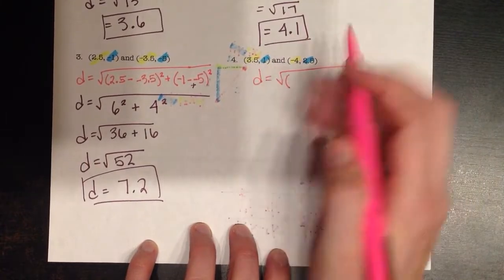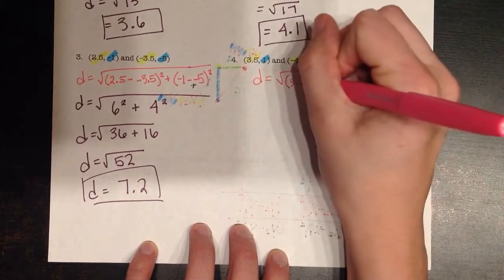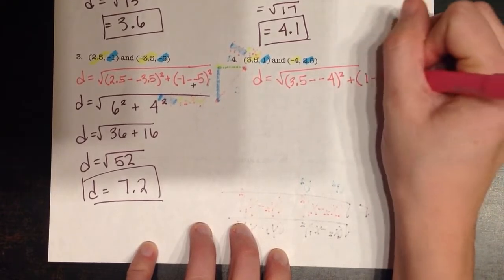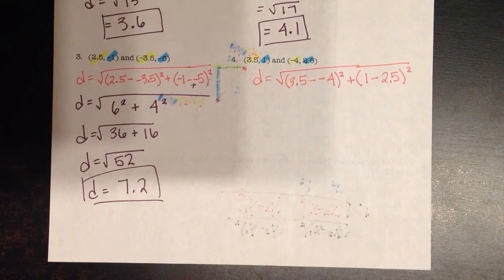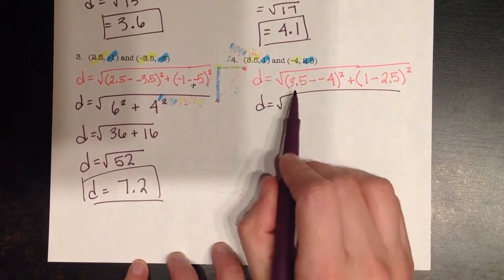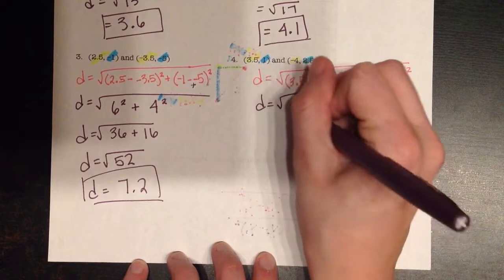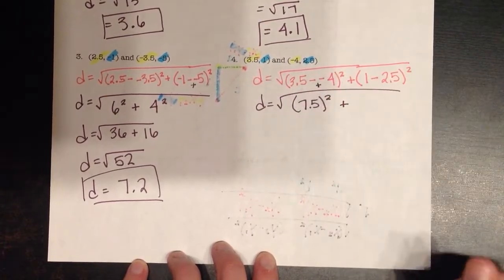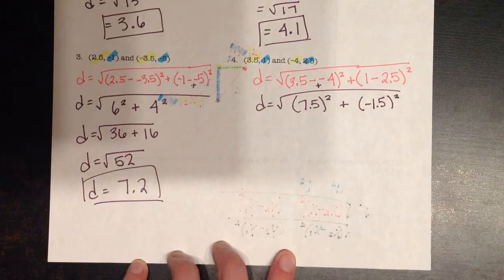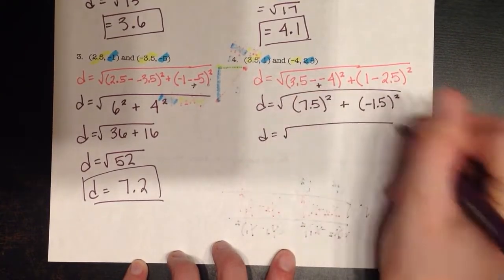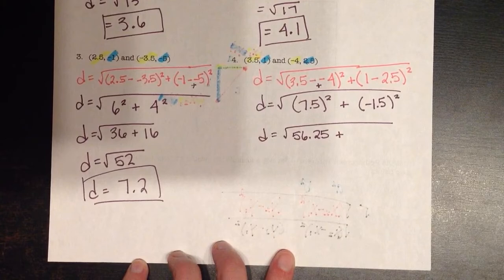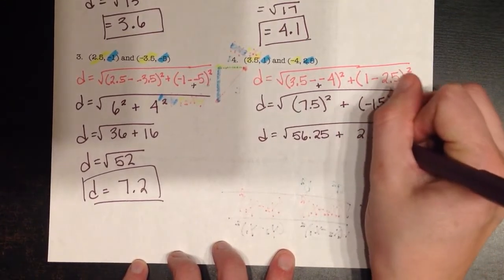Last one. All right, let's start with this x value, 3.5 minus negative 4 squared plus 1 minus 2.5 squared. 3.5 minus negative 4 is really plus, so we get 7.5 squared plus 1 minus 2.5 is negative 1.5 squared. 7.5 squared is 56.25 plus negative 1.5 squared is 2.25.